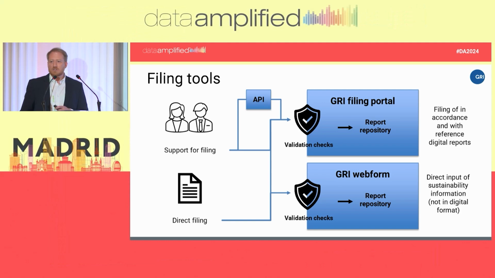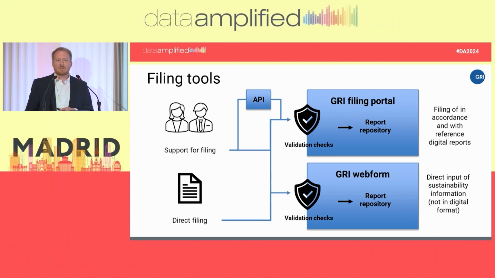You may have seen this on Tuesday. I'm not going to go into too much detail here, but we also exposed for the first time that we intend to provide a way for companies to register their reports with GRI if they choose to develop digitally formatted reports on the back of GRI.